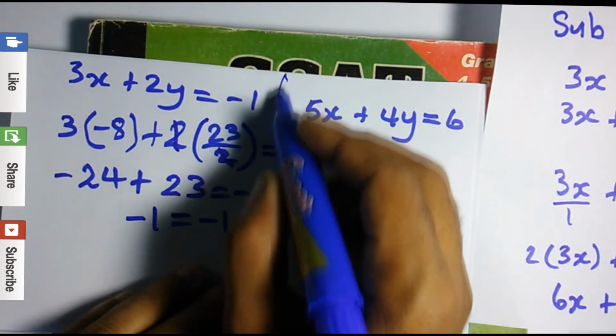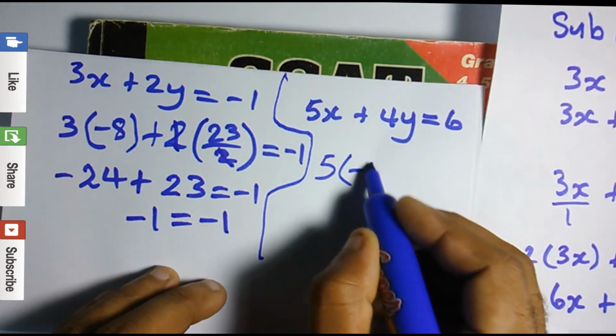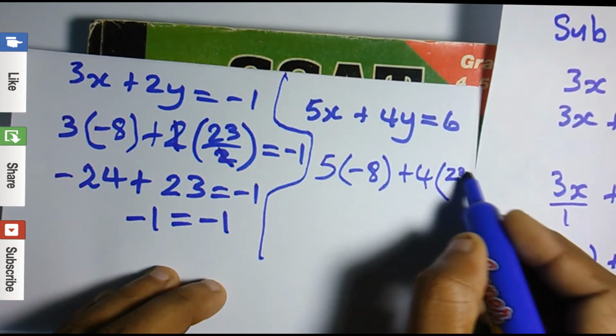Now let's test it for the second equation. It's 5 times negative 8 plus 4 times 23 over 2.